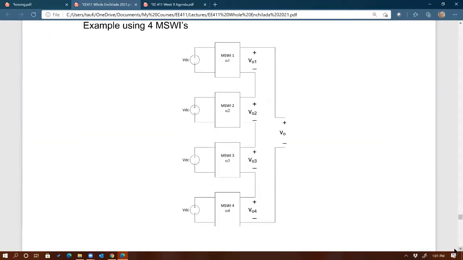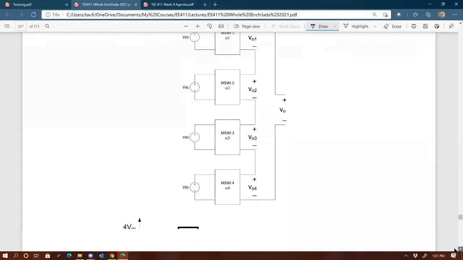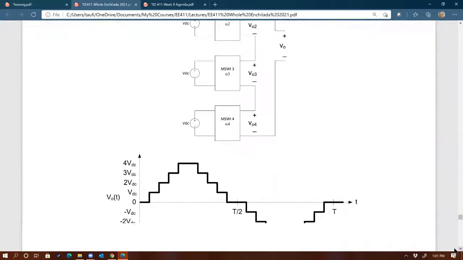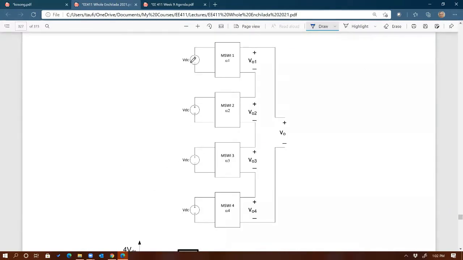Here's an example of 4 different DC voltage sources. Actually, no, they're the same DC levels, sorry. As you can see, they're the same DC values, but they're connected to different modified square waves. So 4 different modified square wave inverters whose outputs are being put in series to give you the total output.